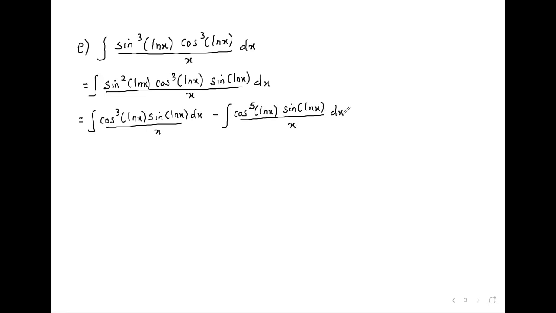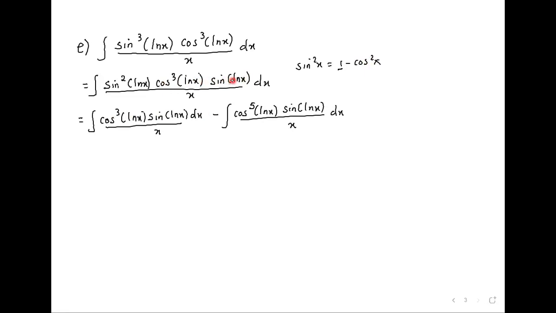So what I've done is that, remember, sine squared is 1 minus cos squared x. When you multiply 1 by this whole piece here, we just get that whole thing. Then negative cos squared multiplied by this whole thing.